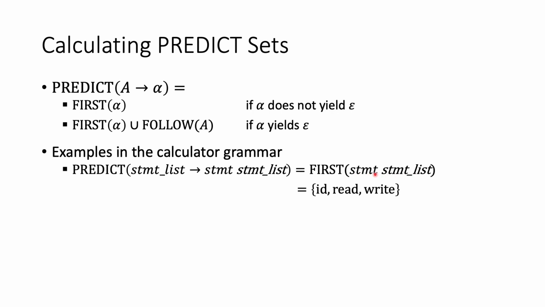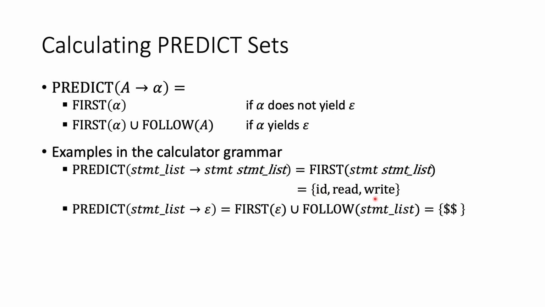And we have calculated the first of this string to be the set that consists of 3 tokens, ID, read, and write. So the predict set of this production is equal to the set of ID, read, and write.